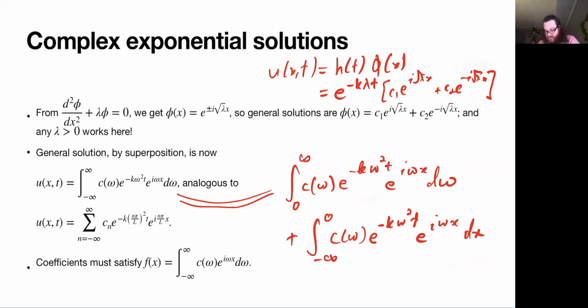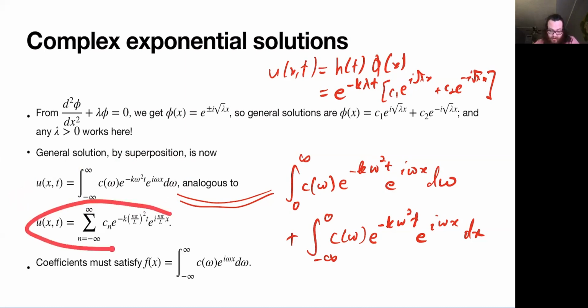Because essentially we have the same coefficients and same functions appearing in each integral, we combine the integrals via their bounds, and we end up with this expression here. But the point is the same: it's this continuum analog of superposition, where we're summing up over every possible eigenvalue to construct our solution.